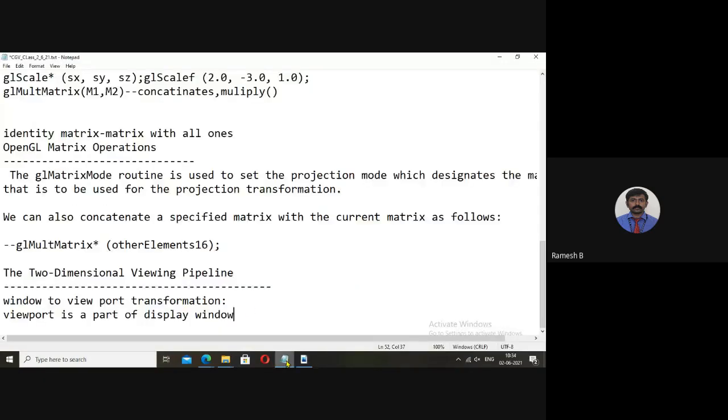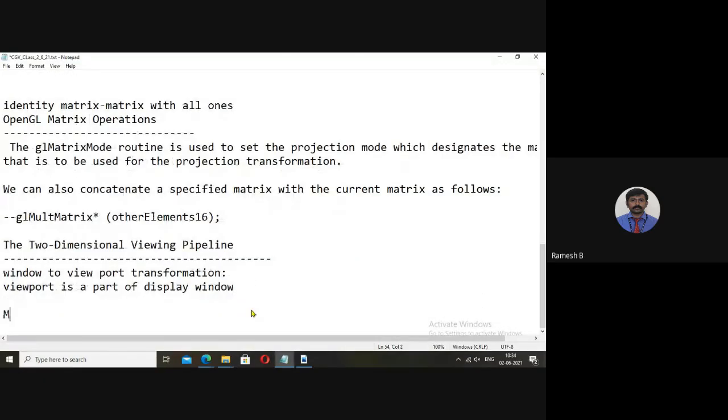So the first thing is model coordinates, which are provided to the pipeline.